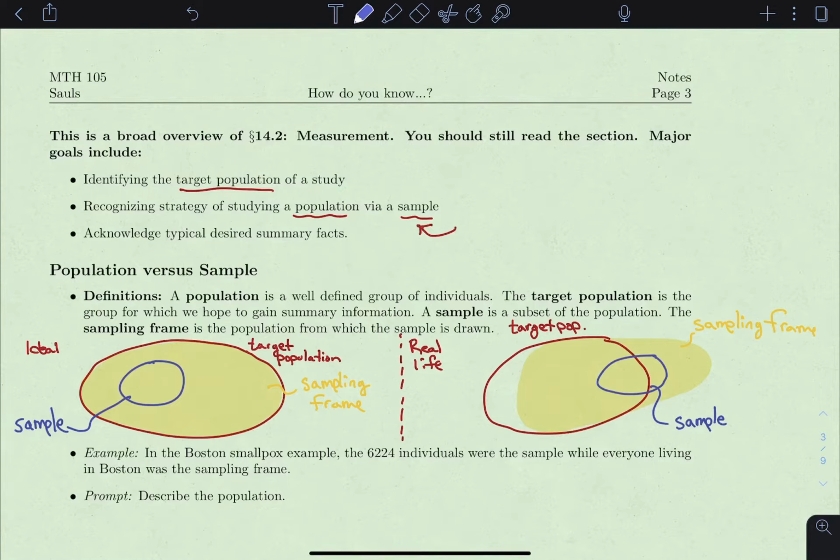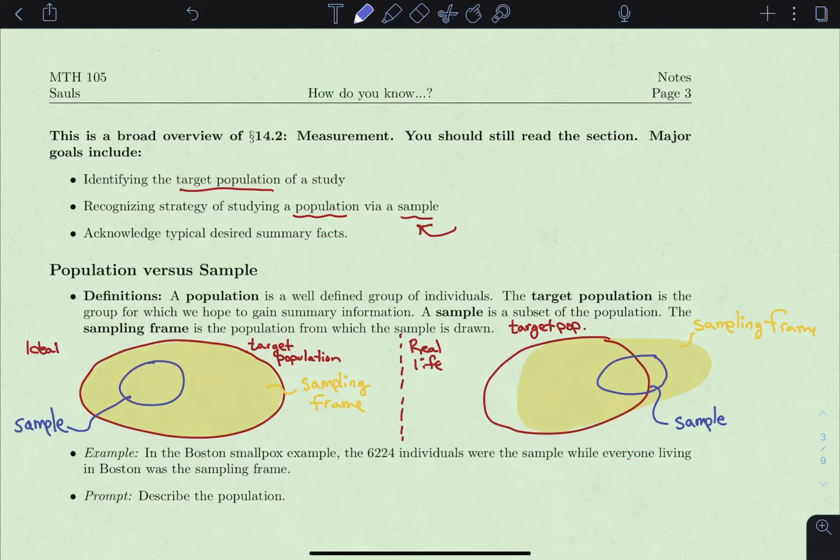That's not all the oysters, so your sampling frame doesn't even include all of the oysters. But also, you might accidentally pick up some oysters from the different species and misidentify them, and then your sample doesn't include just oysters of the type that you're trying to study.